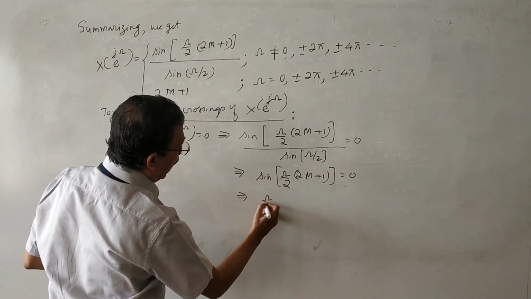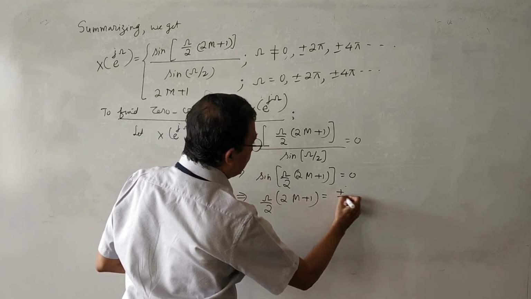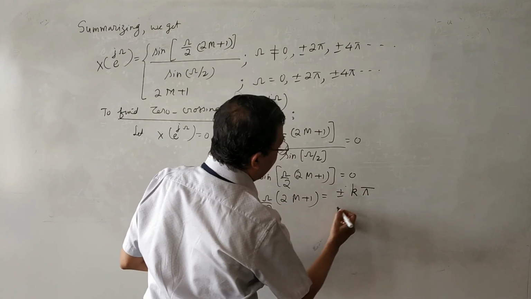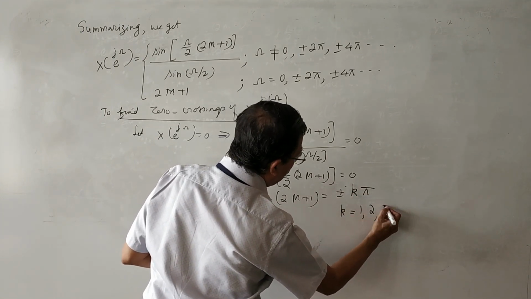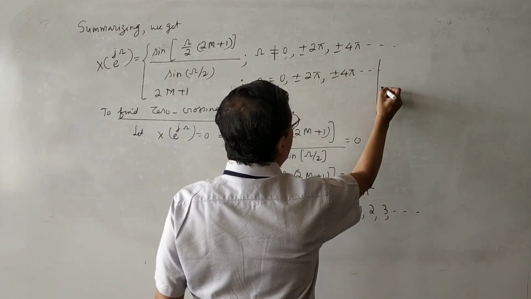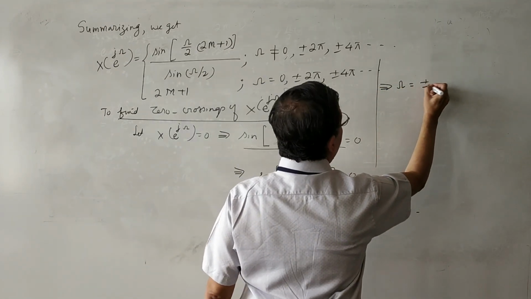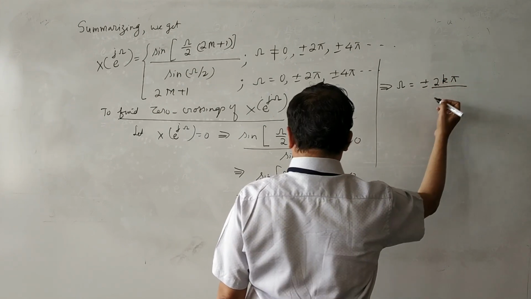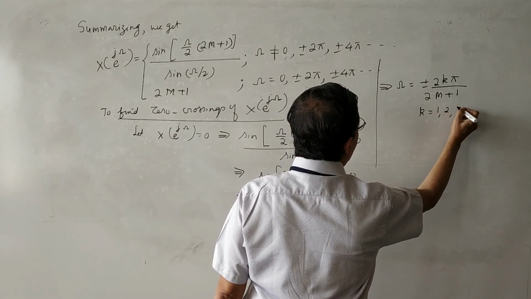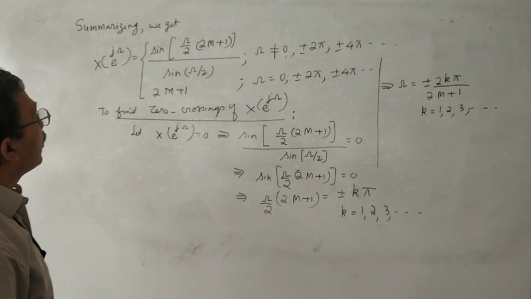This implies omega by 2 into 2M plus 1 is equal to plus minus K into pi, where K takes values 1, 2, 3, and so on. This in turn implies omega is equal to plus minus 2K pi divided by 2M plus 1. This is how we get zero crossings of x of e power j omega.